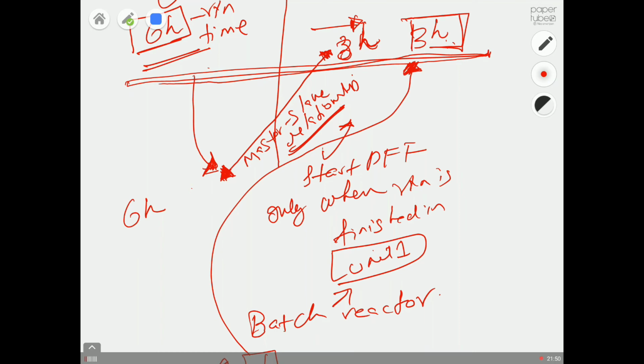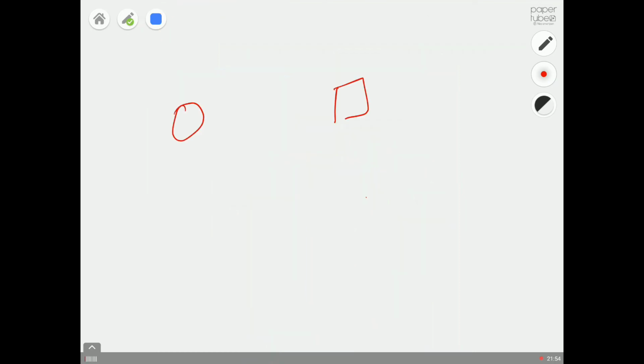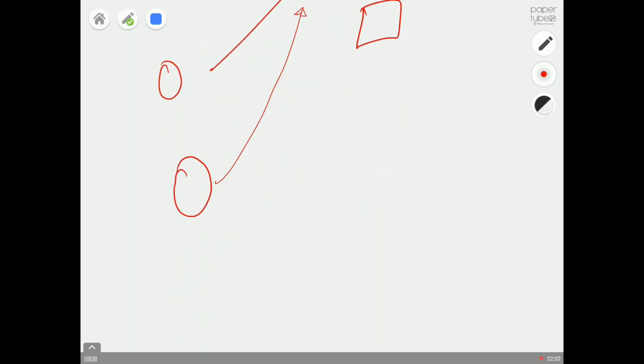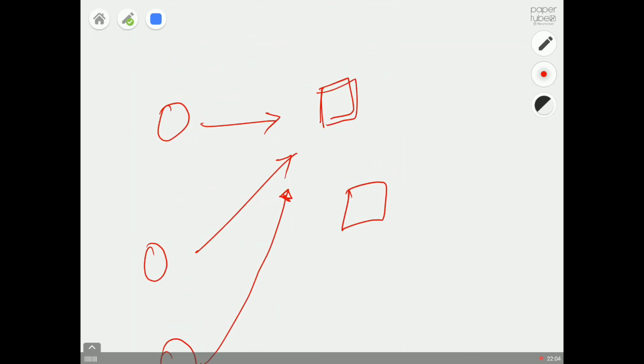They have maybe one reactor, one filtration unit, one drying unit, maybe 2 or 3 reactors, something like this, and then they have to effectively use the times of each of these unit operations, filtration unit, drying unit.